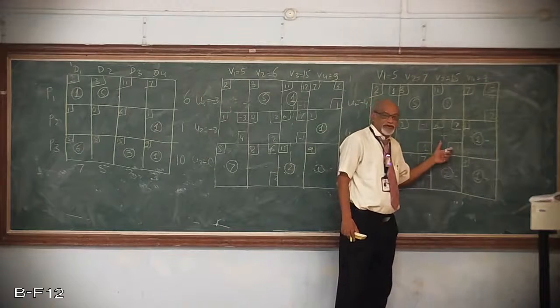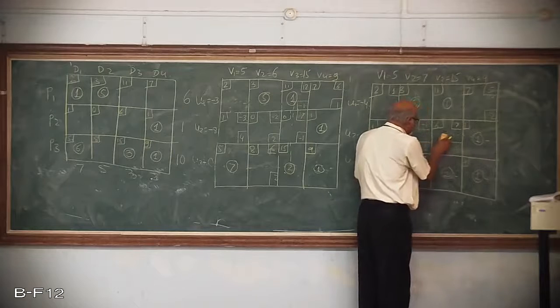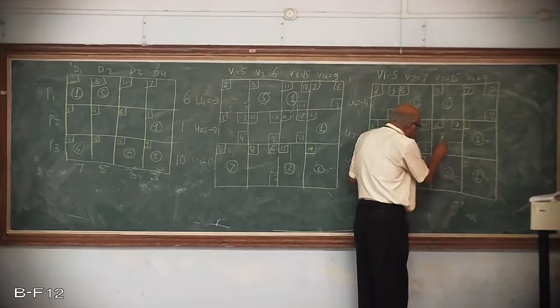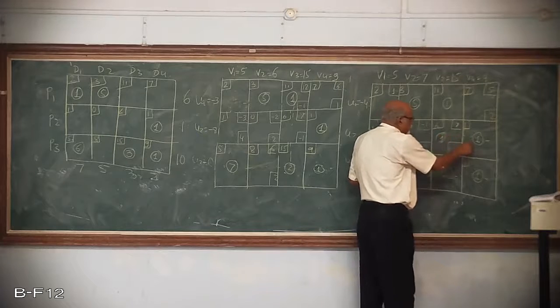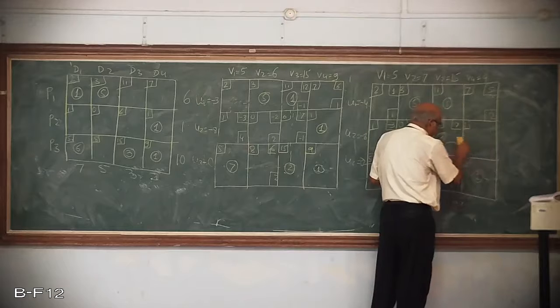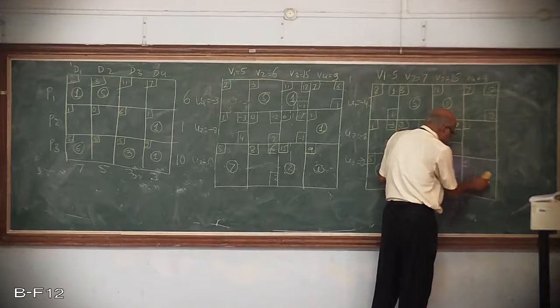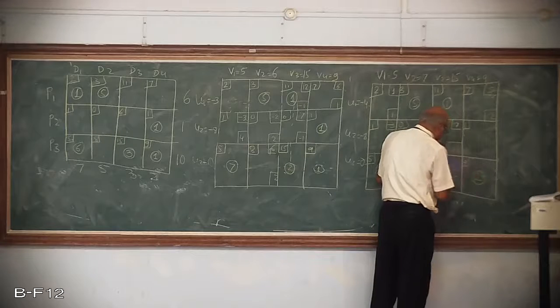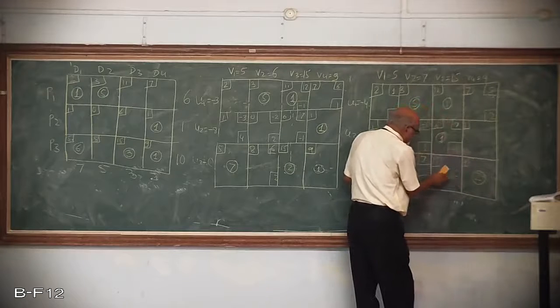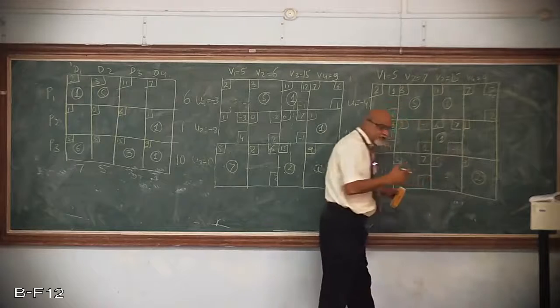This will get 1, so earlier nothing was there, 0, now it will become 1. Now 1 is to be deducted, so it will become 0. Earlier it was 1, now 1 is to be added because it has left, so this will become 2. And this one is to be deducted from here, this will become 1. That is how these changes will be affected.